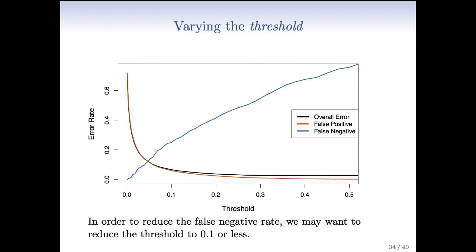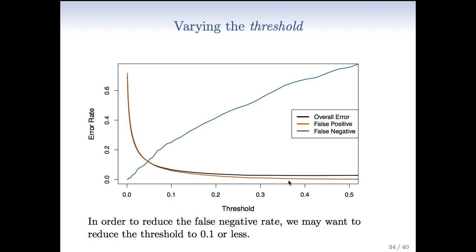Okay. And so here we've done it as a function of the threshold, and we've just looked at decreasing thresholds. Okay. And so in this plot, we've got in black the overall error rate. In orange, we've got the false positive rate, and in blue, we've got the false negative rate.